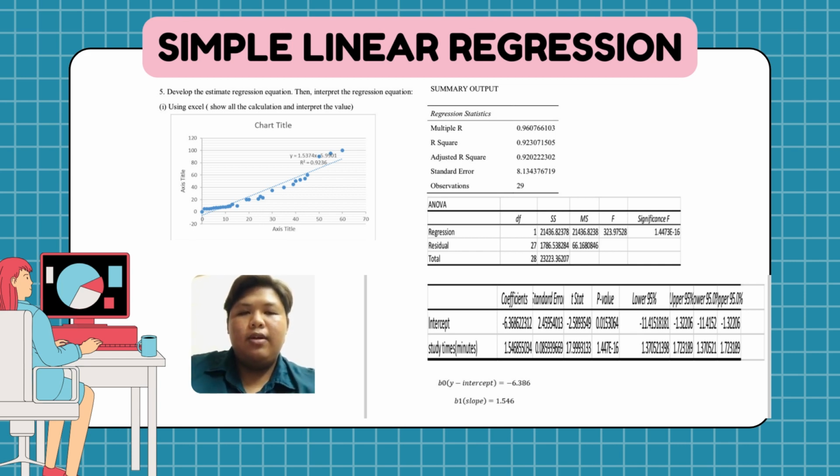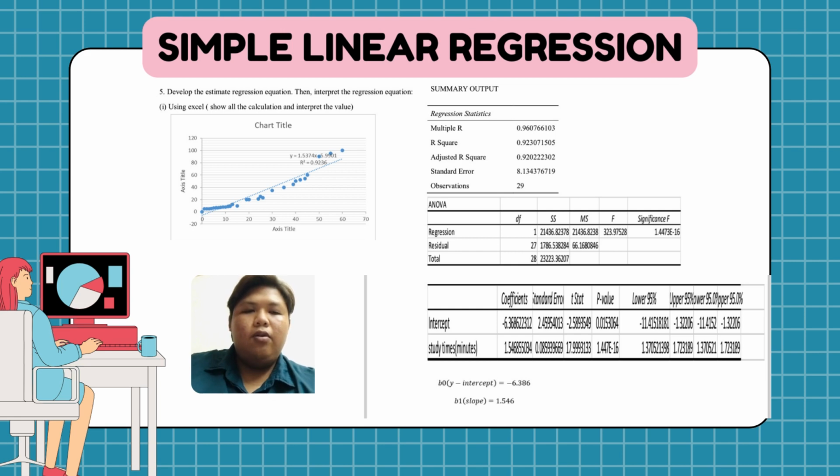So we move to the ANOVA table. This part of the output shows the result of an analysis of variance test. It helps determine whether the independent variable has a statistically significant effect on the dependent variable. The F statistic and its p-value are the key here.